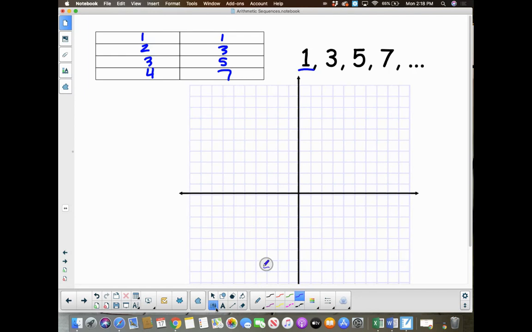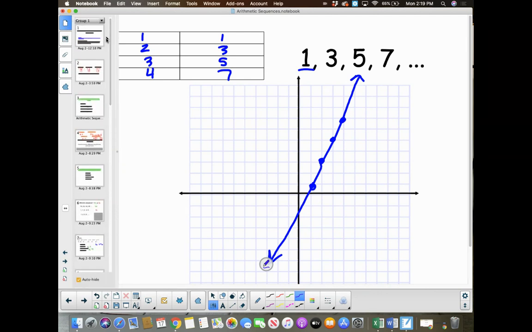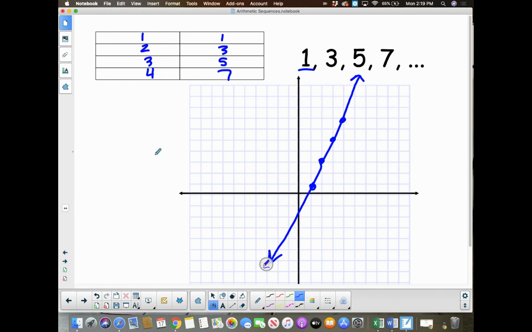So if I graph that, you notice you have a line. If you notice from the beginning of today, we did this particular example. I'll just use that.